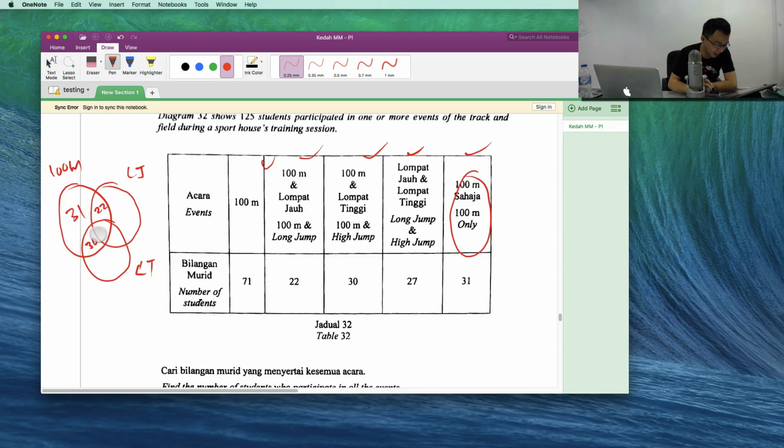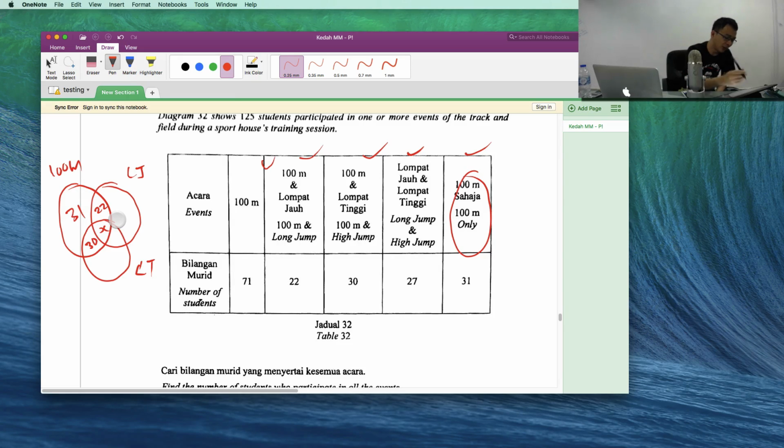And then total 100 meter is 71, right? If total 100 meter is 71, then I just use 71. Oh, because here we still have x. It's unknown, because all these numbers you plus together are already more than 71.